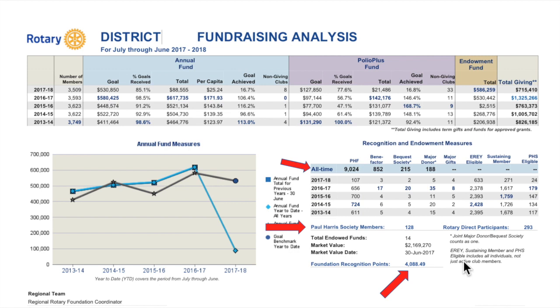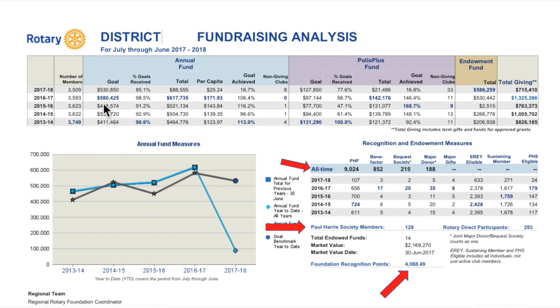And that last row on the bottom of the page is where you can find the number of Foundation recognition points that your district has available. And then the final third is obviously in graph form representing the annual fund measures, and I love, of course, seeing the positive slope to this line and the incremental increases from there.